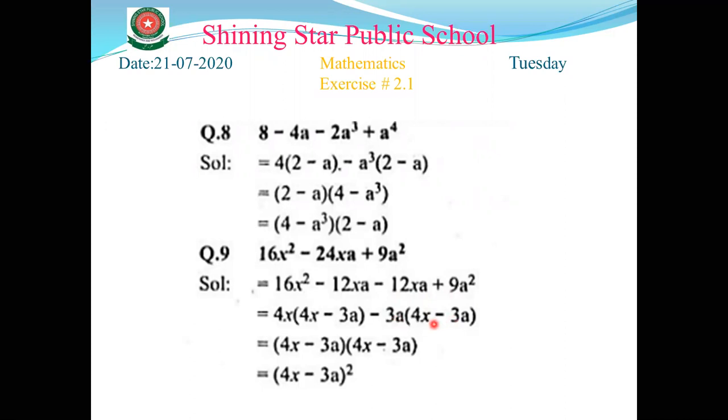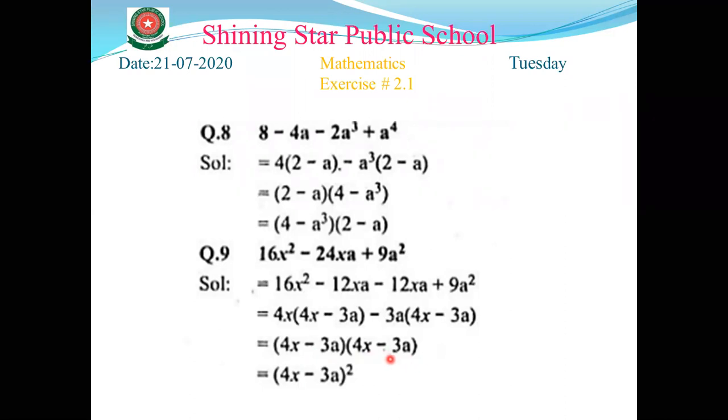Now 4x minus 3a is the same in both the terms. So we can take the common 4x minus 3a. Now when we take the common 4x minus 3a, we will get here 4x, and from these brackets we get minus 3a. Now 4x minus 3a multiply 4x minus 3a, both are the same.